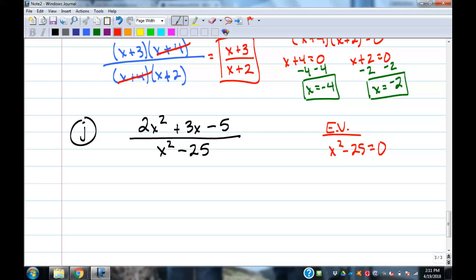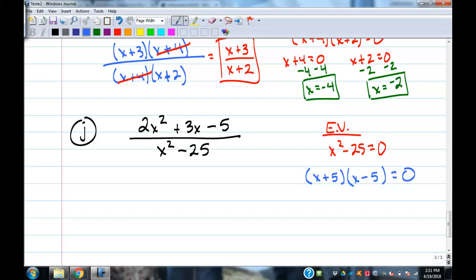25 is a perfect square. True. That's important. Is there a GCF across those two terms? No. There's two terms though. What was the method for factoring things that had two terms? Difference of squares. What squared gets you to 25? 5. So what are the factors that go with that? Good job.